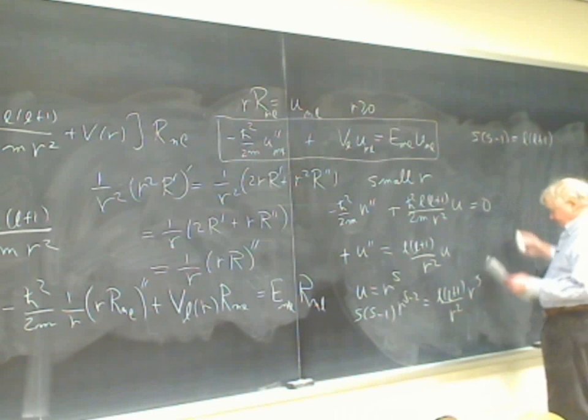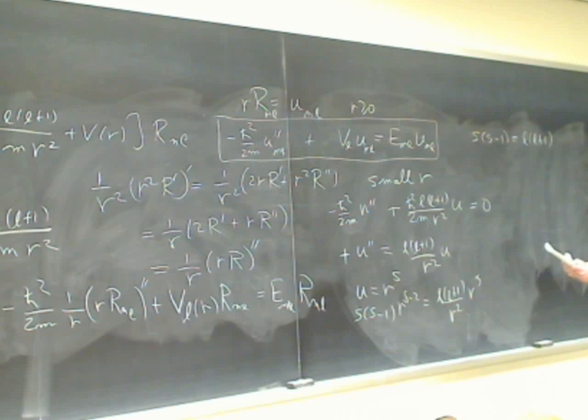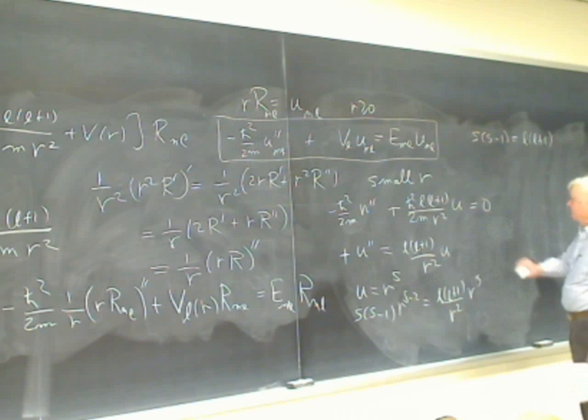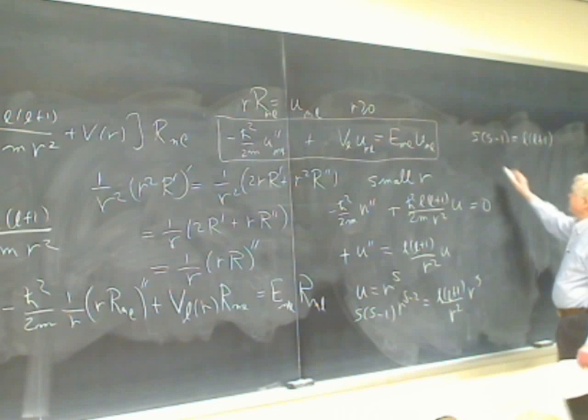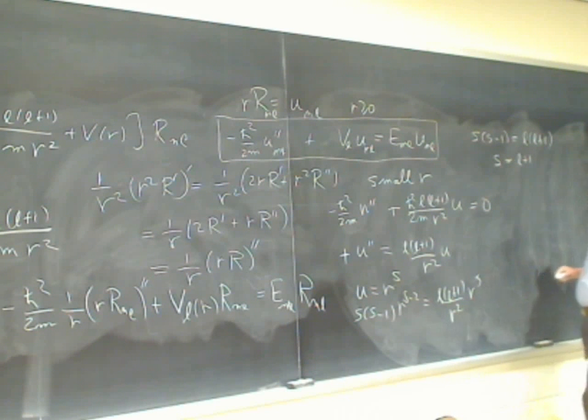If you said, all right, hold it, I've done something wrong here. Well, it's just that I'm departing from the notes, and so I'm using a different approach. What we can say here is that s can be equal to l plus 1. If s is equal to l plus 1, this is a solution, right?